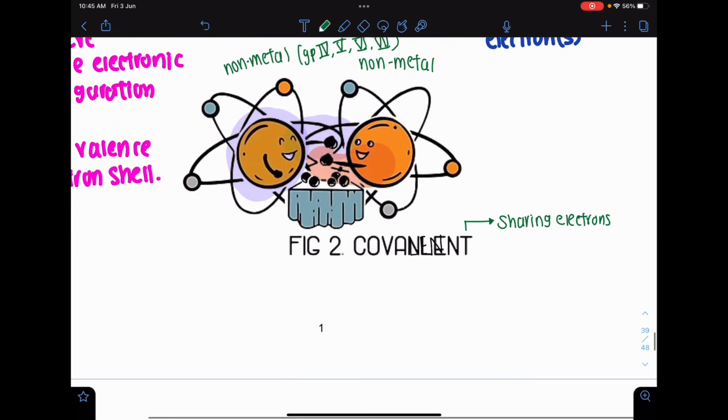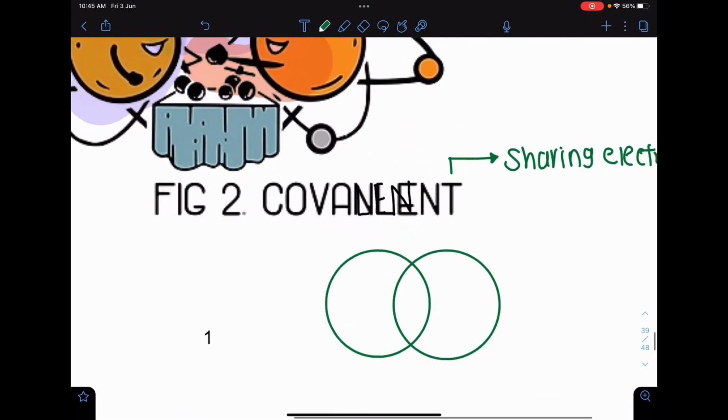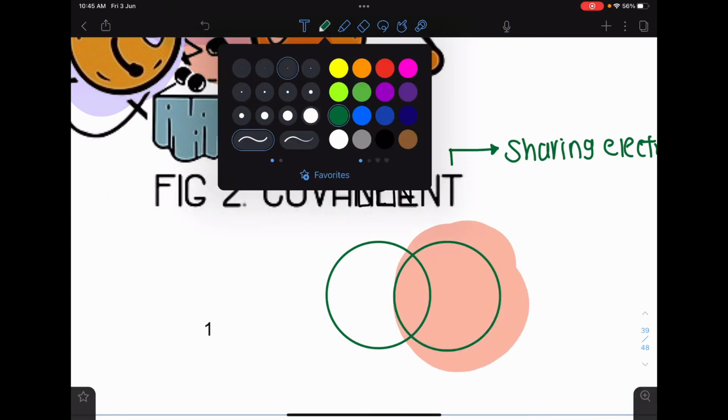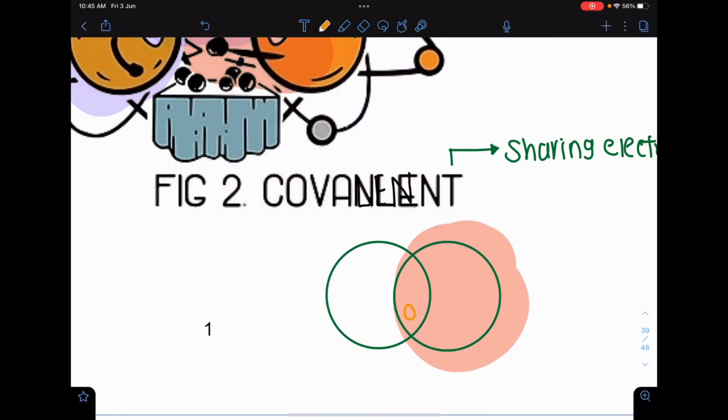Alright, so now here is another thing that I will leave you with before we end this video. In this case, the orange atom is sharing one of its electrons, and the purple atom is sharing one of its electrons. If we take a look at how we draw covalent bonding later, you would be focusing on the overlapping circles.